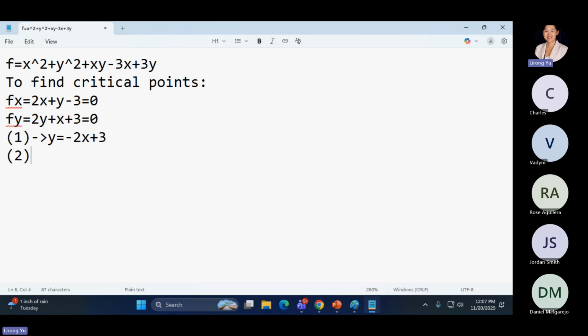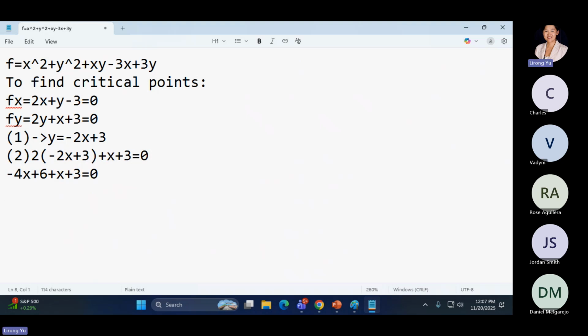From the second equation, we have 2 times y, which is negative 2x plus 3, and then plus x, and then plus 3 equal to 0. So we can combine these two equations in order to find the critical point. Then we have negative 4x plus 6 plus x plus 3 equal to 0.